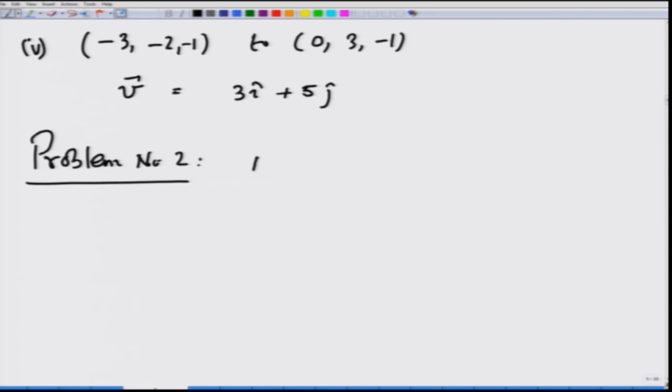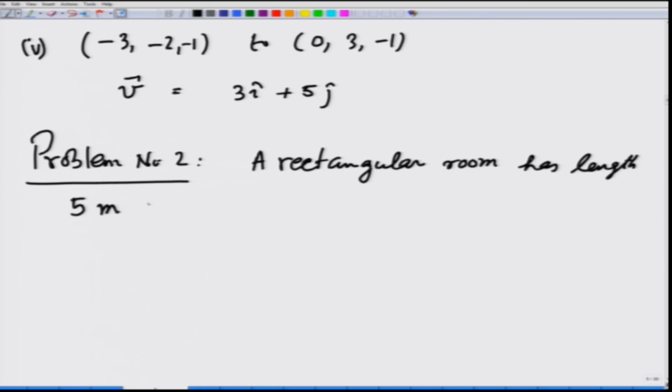A rectangular room has length 5 meters and width and height 4 meters.